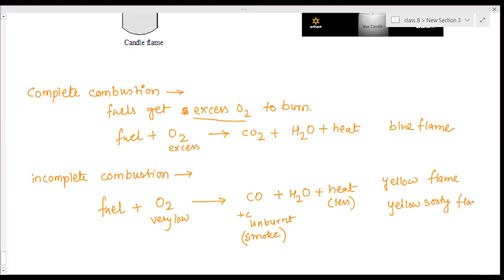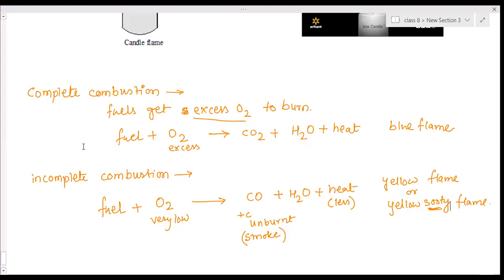If very little oxygen is available, instead of carbon monoxide, it will keep releasing unburnt carbon. Carbon smoke is given out, and the flame color is yellow sooty. Soot is the carbon particles coming out. The flame colors are due to the complete or incomplete combustion process. Able to understand this point?